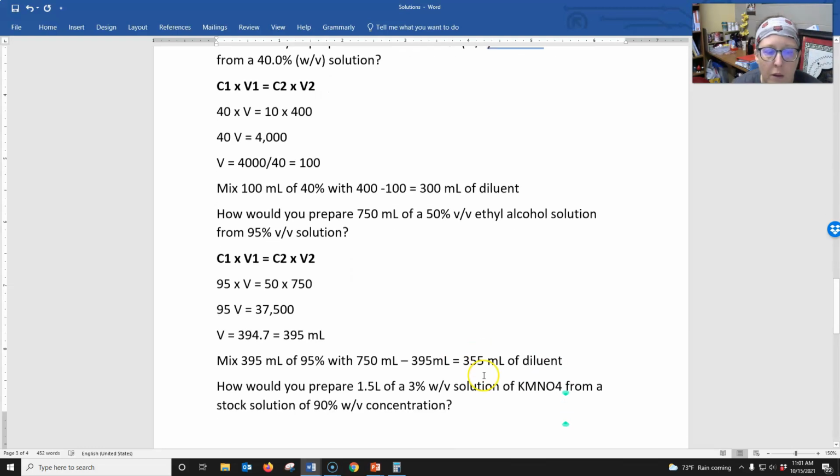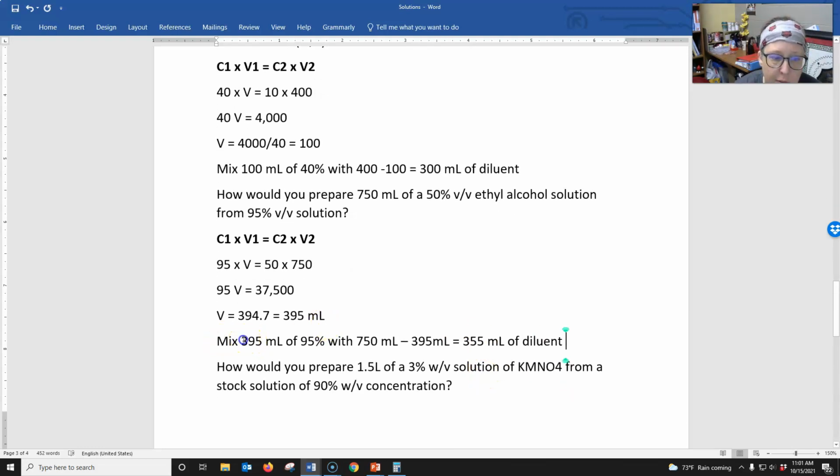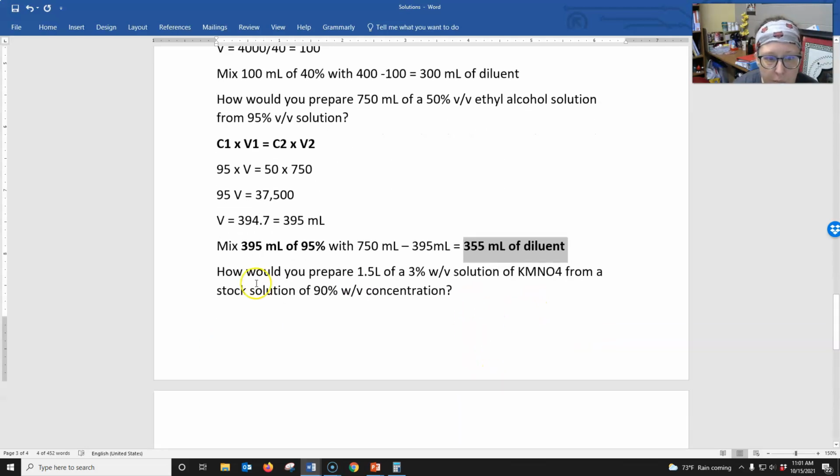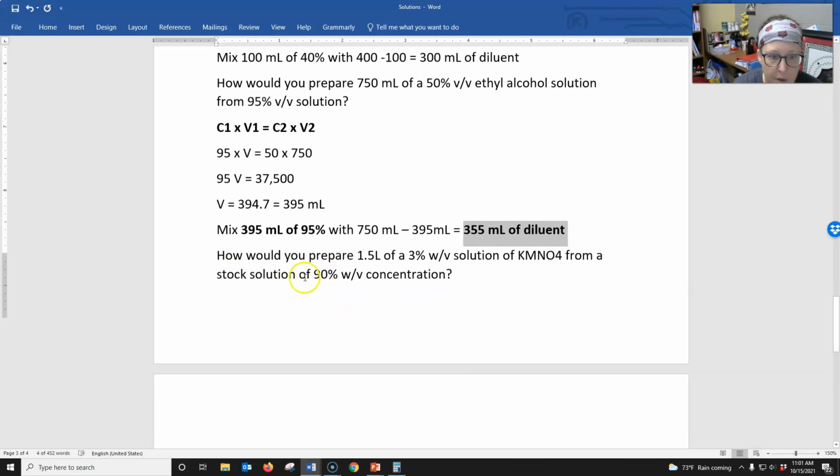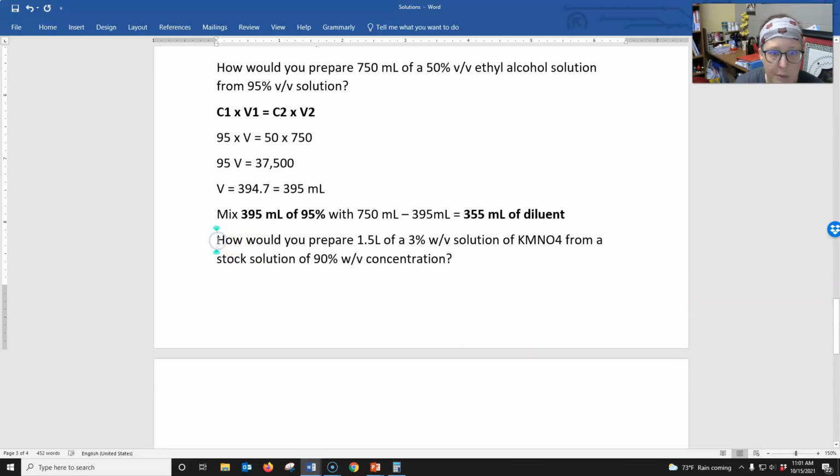There we go. So that's what you would mix. You would mix 395 of that stock solution with 355 mils of diluent. And so basically I'll do one more, but it keeps doing the same.